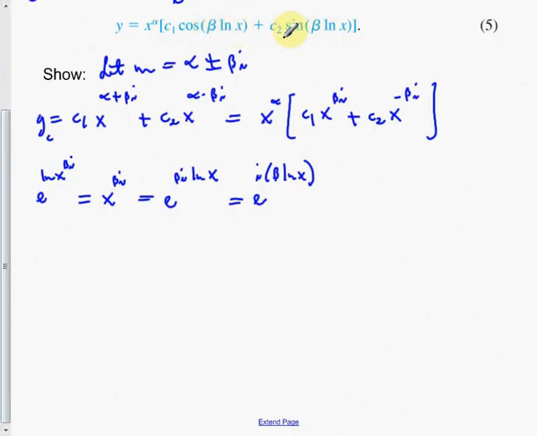You can see where it's coming from. So I'm going to make the replacement, because this is the same thing according to Euler's formula: cosine of beta natural log of x plus i sine of beta natural log of x.